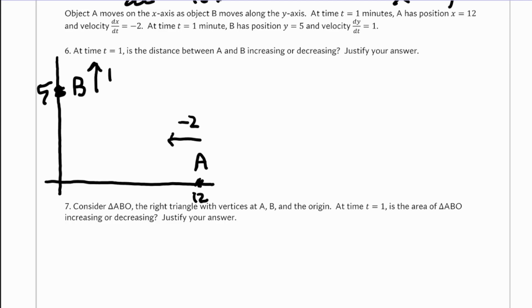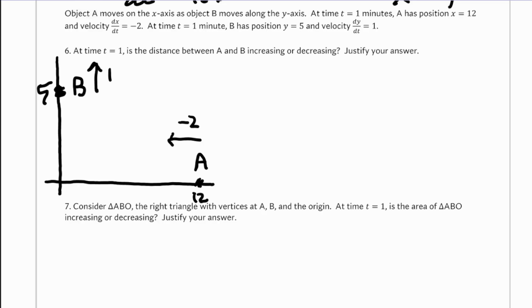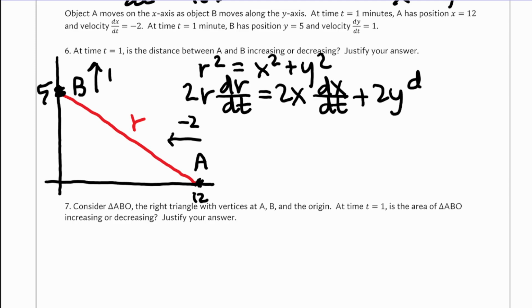Alright, so the distance between A and B, I might call that r. Okay. And r squared equals x squared plus y squared. Okay. And I'm going to take the derivative of this equation with respect to time, so that's 2r dr/dt equals 2x dx/dt plus 2y dy/dt.